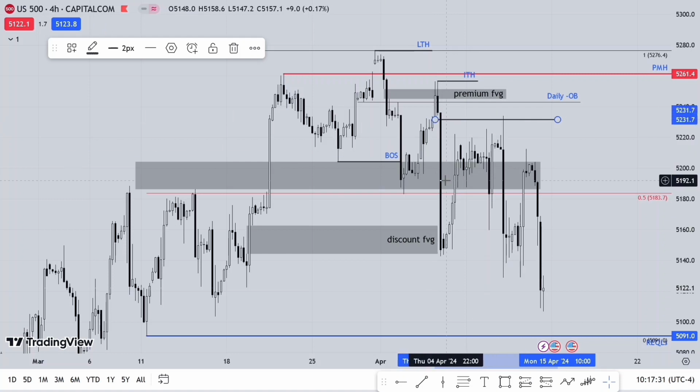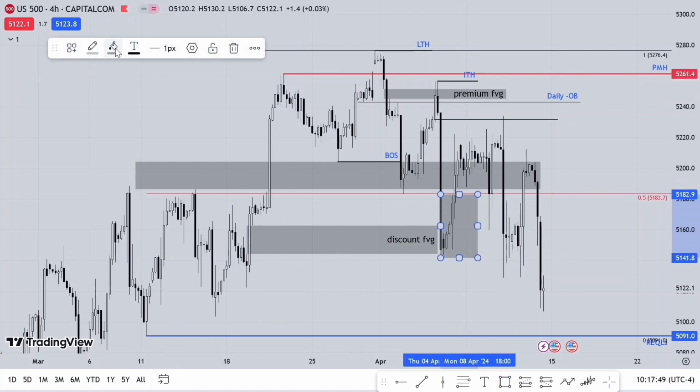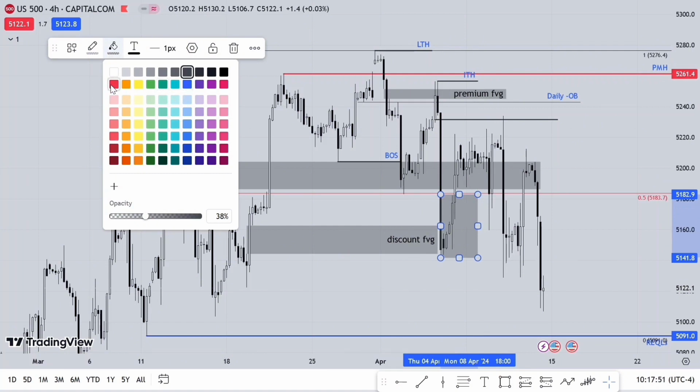Currently we see this as a breakout. The breakout traders will put their stops below these lows, so they will have their sell stops resting below these lows. And smart money wants that.